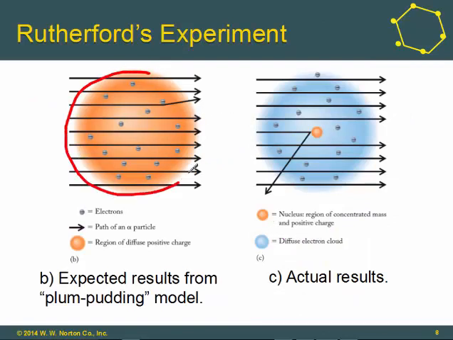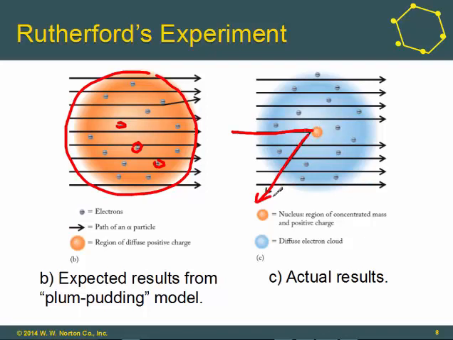This is the plum pudding model, where the mass is spread out evenly throughout the atom itself, and these electrons are just spread out within this plum pudding. But since we have these alpha particles that come through, most of them pass straight through, but when they actually happen to hit the nucleus, they bounce back.